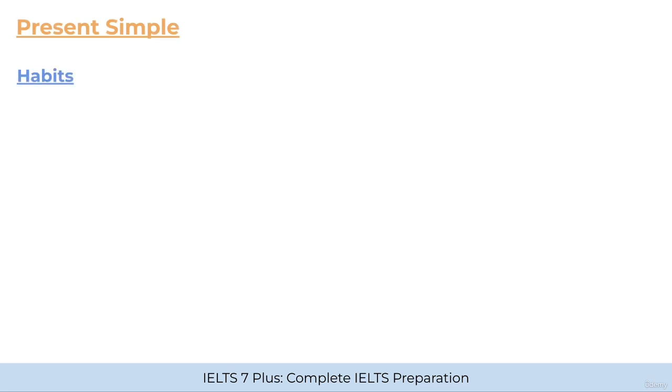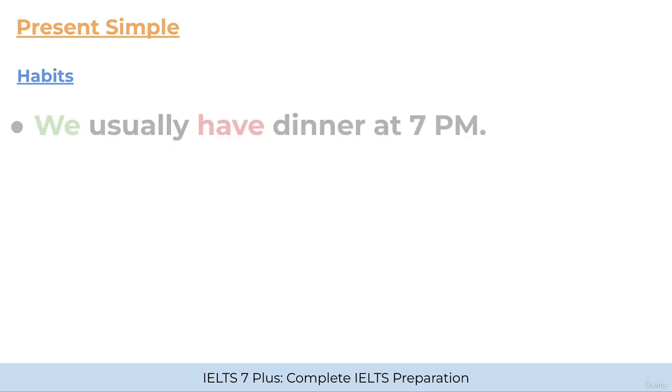Okay, another scenario in which you can use the present simple is when talking about habits. This time we have we, a plural subject. We usually have dinner at 7 p.m. So we've got a modifier there between we and have, but nevertheless we can still see that the verb matches the subject.